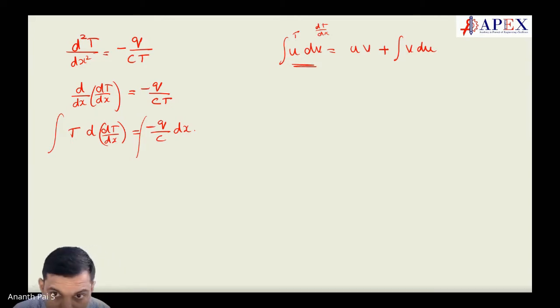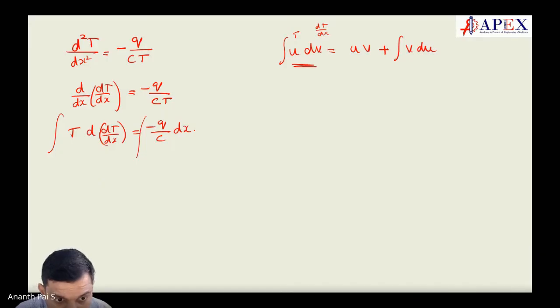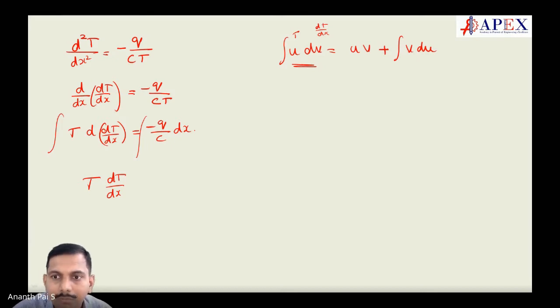Okay, so you are doing this. Let us see. So u is t. I think there is a minus in between, it's not plus. The rule is uv minus integration of v du. Correct.